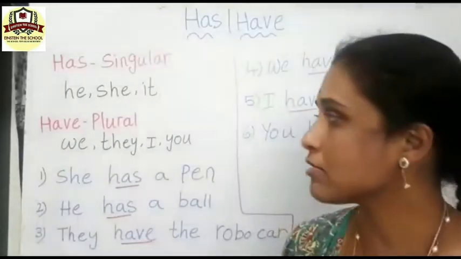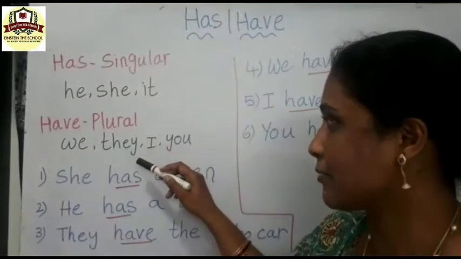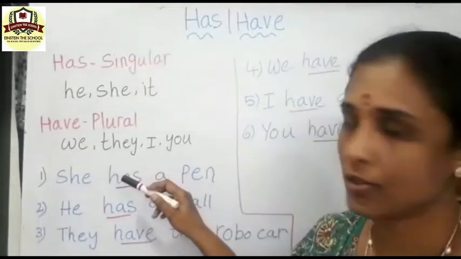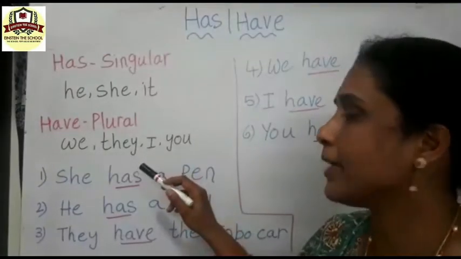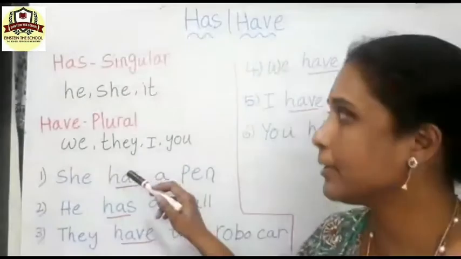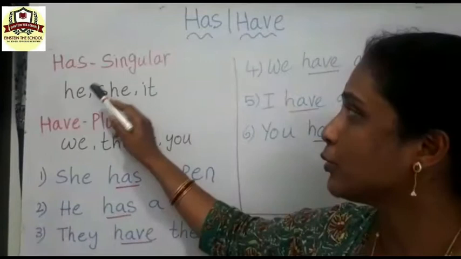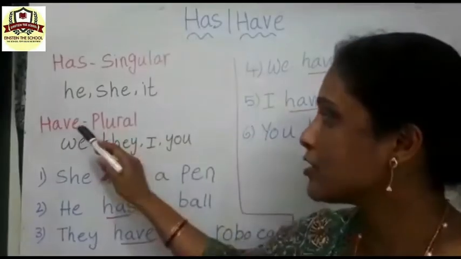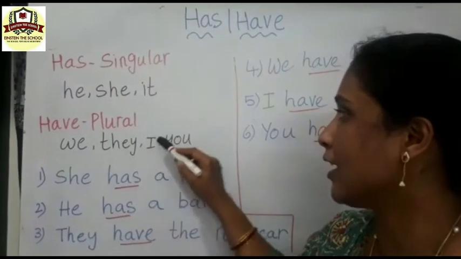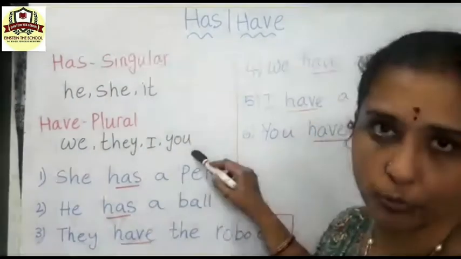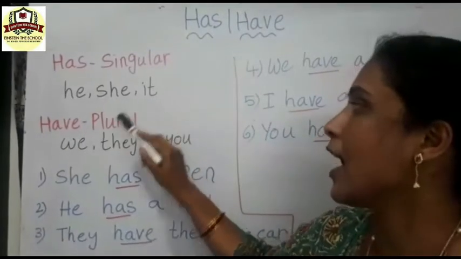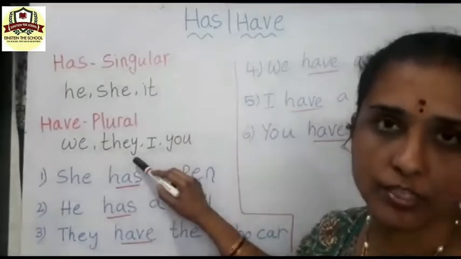If I say also, you will not understand properly children. You will understand when you go to the higher classes. Just simply remember that we should use has for he, she, it, and have is used for we, they, I and you. In a sentence, this is for singular and this is for the plural children.